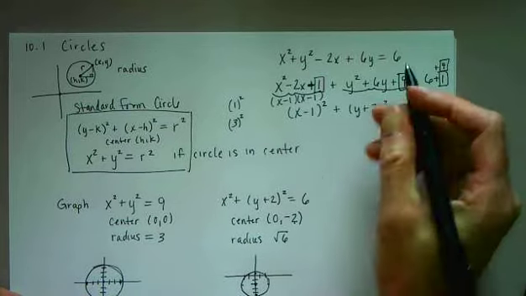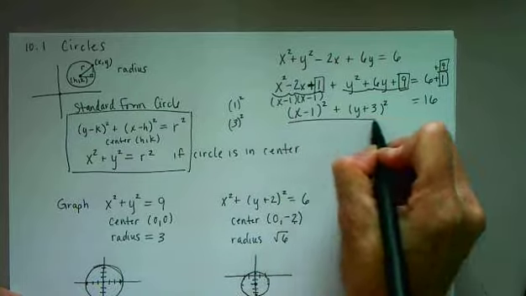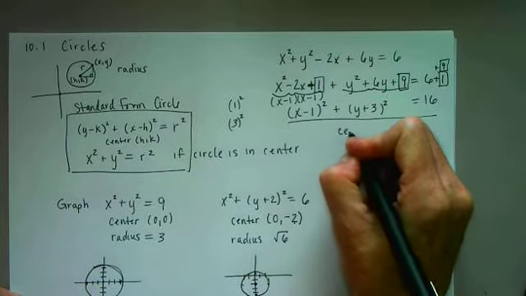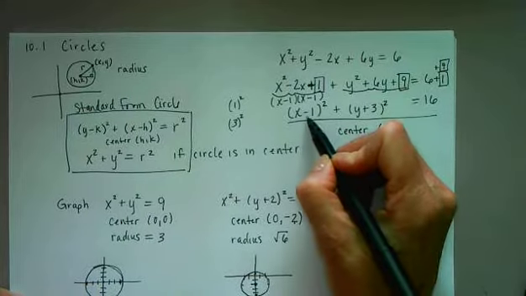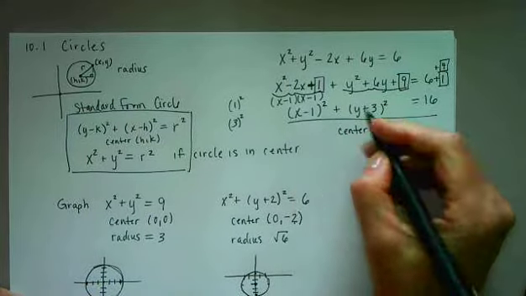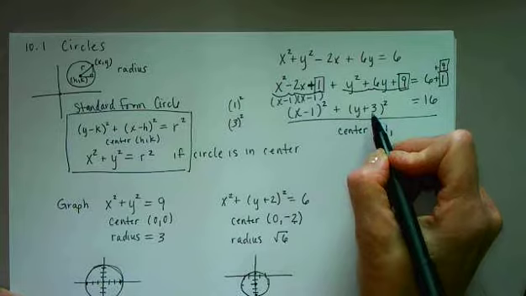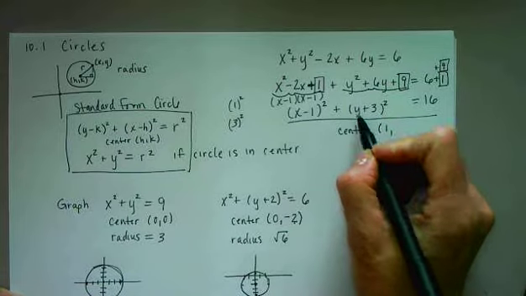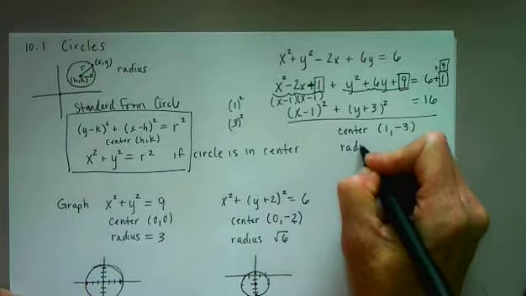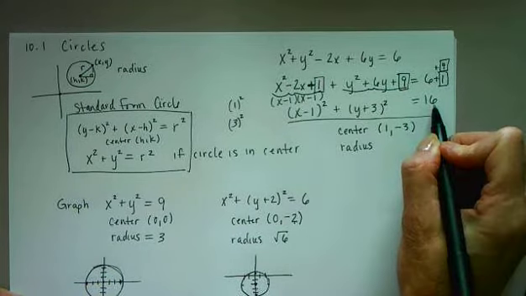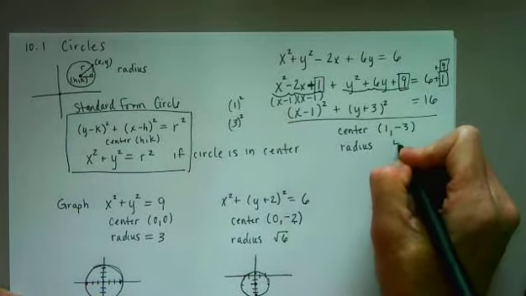So this is now standard form of my circle, and from that I can see that my center is, what's my center, do you know? This is the x coordinate because it's with the x and it's the opposite sign. This is the y coordinate because it's with the y and it's the opposite sign. And my radius is the square root of 16, so 4.